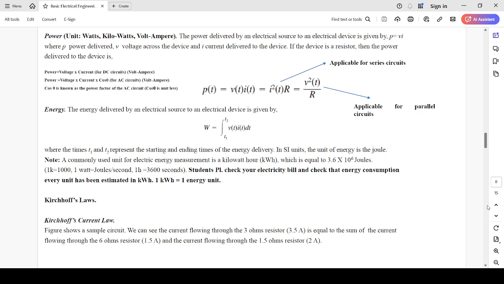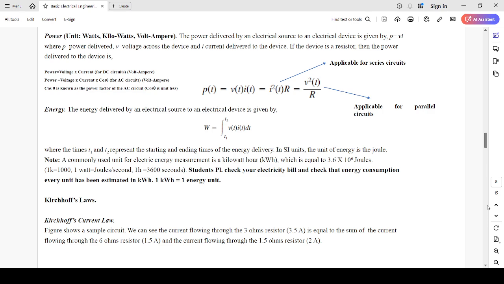Then the next one, dear students, is energy. Energy is very much related to power. As I mentioned earlier, power is basically defined as energy per unit time. If you cross multiply it, you will calculate the energy as the product of power into time.